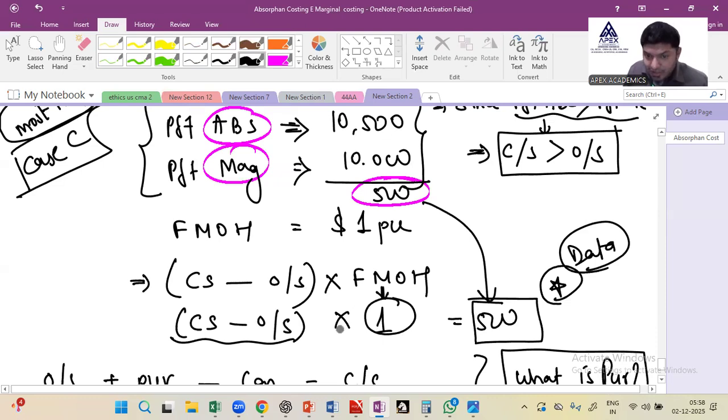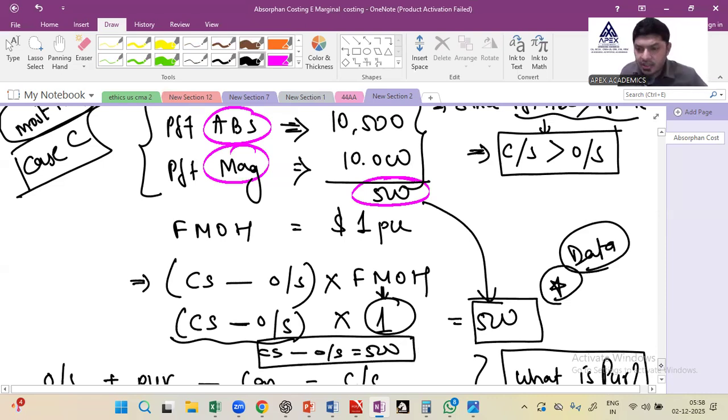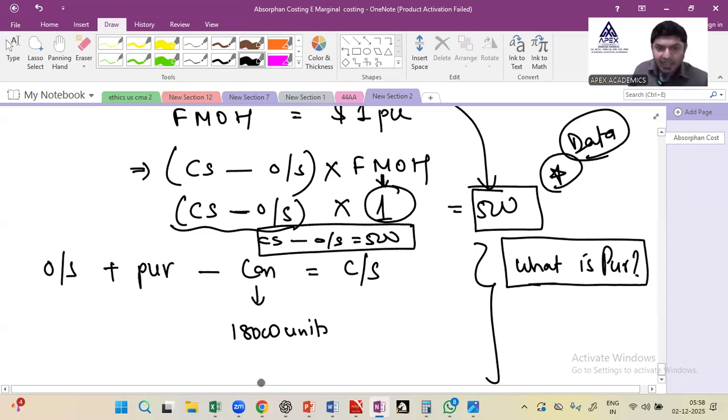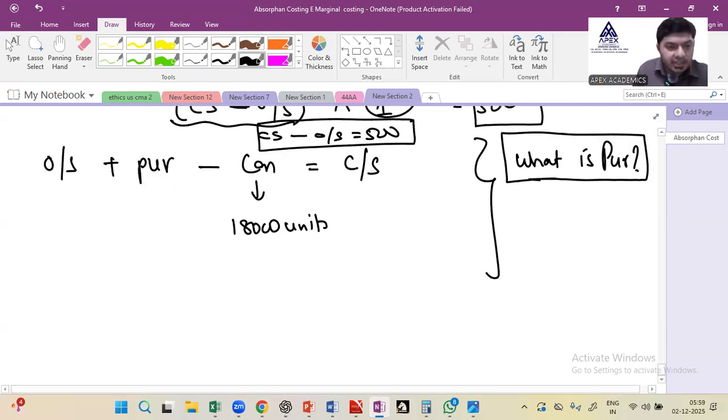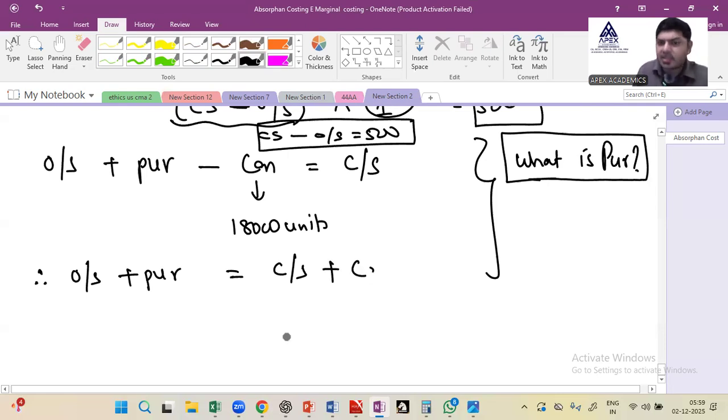So if I was to look at this logic, can I say that my closing stock minus opening stock is equal to 500 over here? It's a basic arithmetic logic. Now I am saying that opening stock plus purchases minus consumption is equal to closing stock, and I've given you that consumption is 18,000. Therefore, can I say that opening stock plus purchases is equal to closing stock plus consumption?